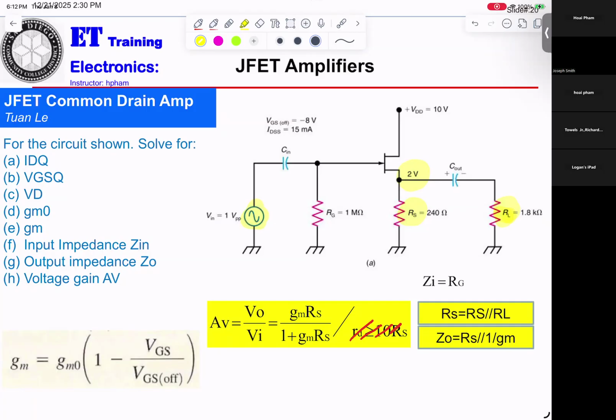So that's how you get the ID. In here, they already gave you what you need, so it's easy to calculate the IDQ, VGSQ, VD, GM0, GM, input impedance, output impedance, and voltage gain.